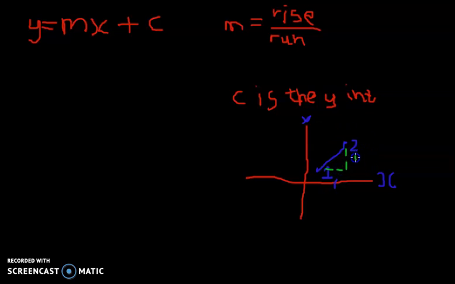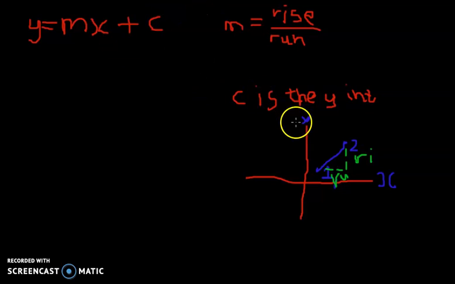So that's rise, I'm just going to write R-I, and then this one R-U. Rise over run can also be in the format of delta y over delta x, where delta, the Greek letter delta, means change, which is the change in the y-axis over the change in the x-axis, which is used to find the m value or the gradient.